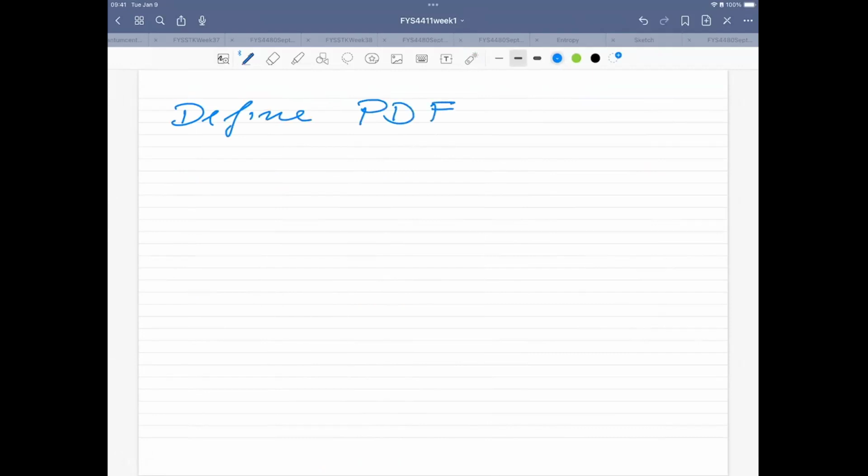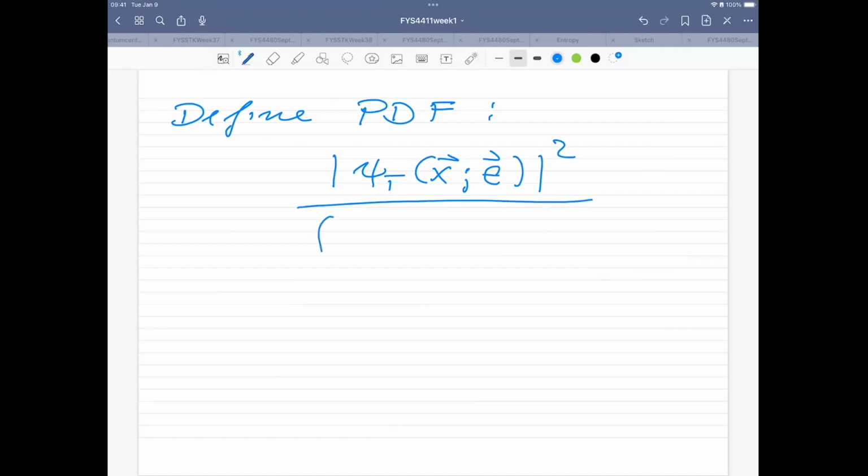That stands for probability distribution function. And we are going to define that one to be equal to the quantum mechanical distribution. So we have a psi_T of x, and then these variational parameters divided by the norm. So this is actually the quantum mechanical definition of a distribution based on the wave function.